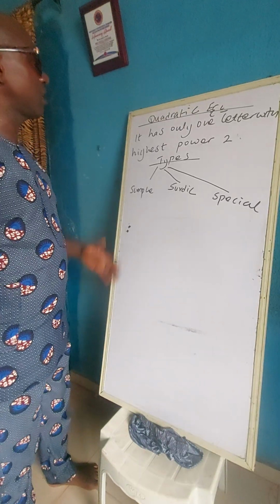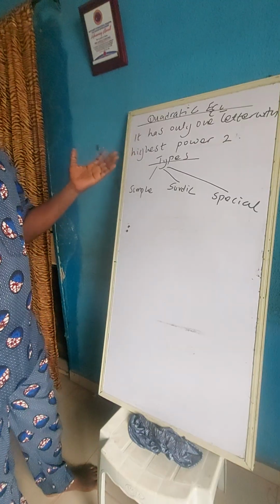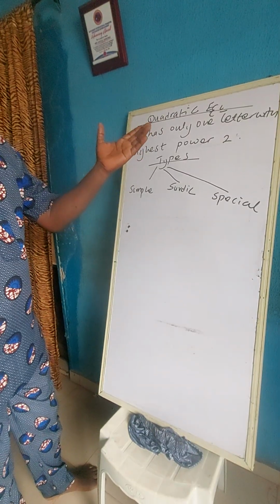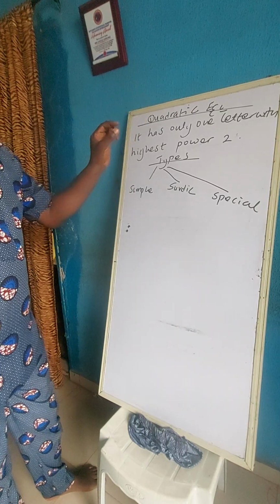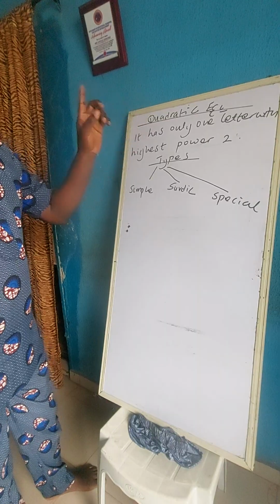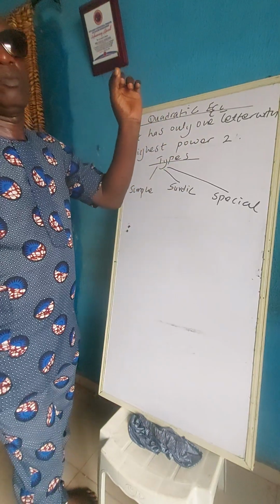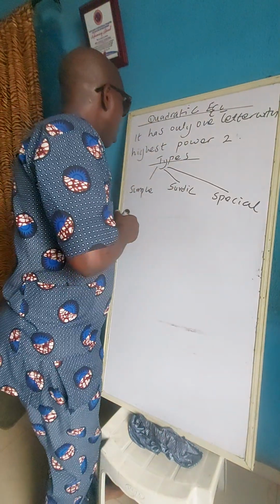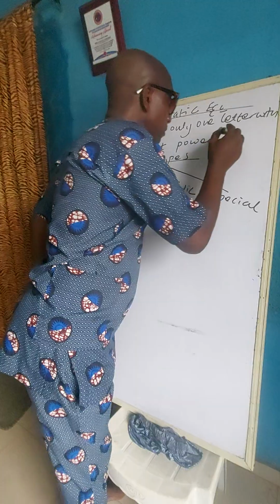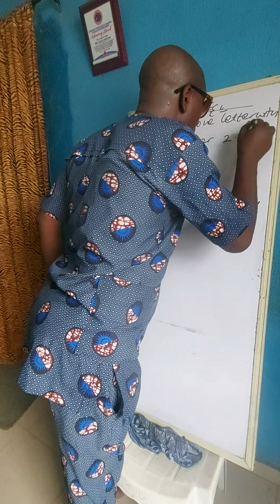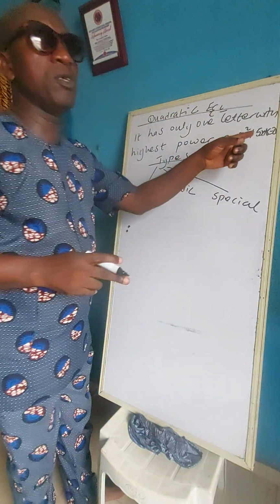Welcome back to the second type of equation, which is quadratic equation. This is a type of equation that has only one letter like linear equation, but the significant difference between linear and quadratic is that a quadratic equation has highest power of 2, like x squared plus 5x plus 6 equal to 0.